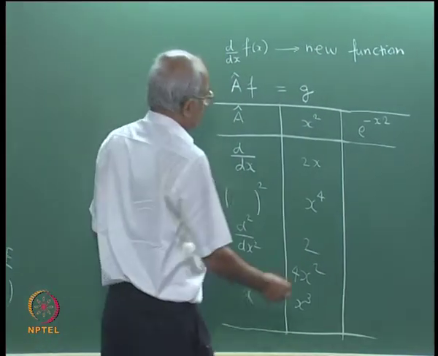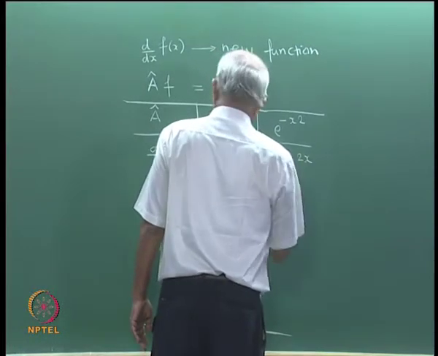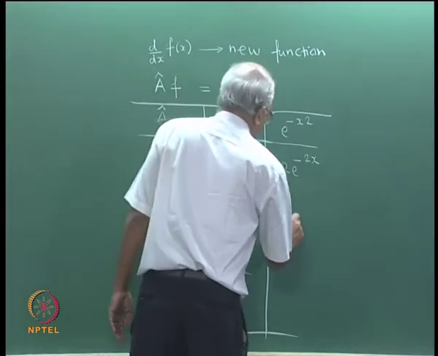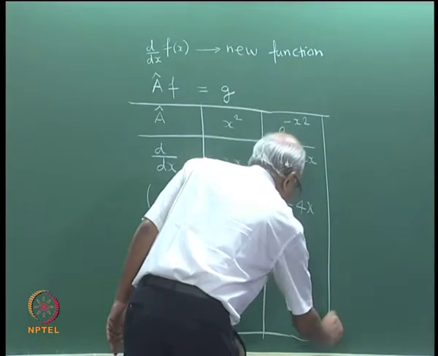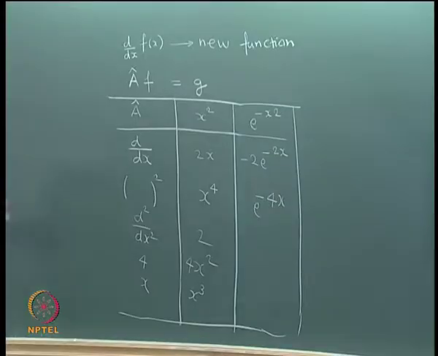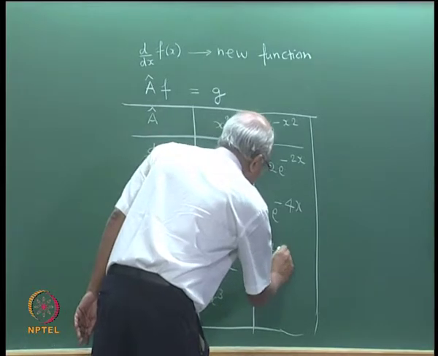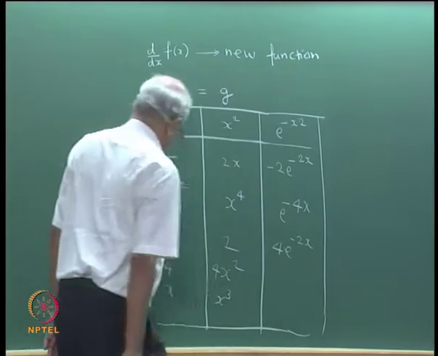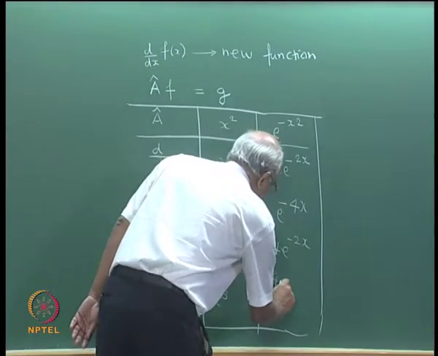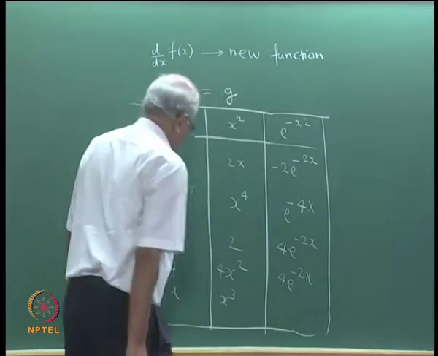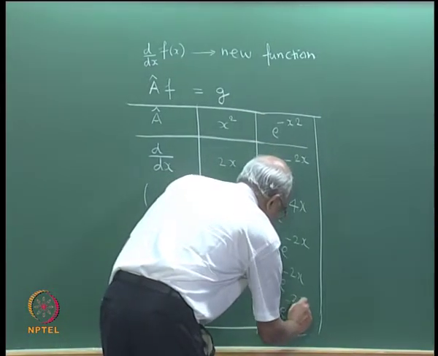So, d by dx will give me minus 2 times e to the power of minus 2x, squaring will give me e to the power of minus 4x, taking the second derivative will give me 4 times e to the power of minus 2x, multiplication by 4 is going to give me 4 e to the power of minus 2x, and multiplication by x gives me x e to the power of minus 2x.